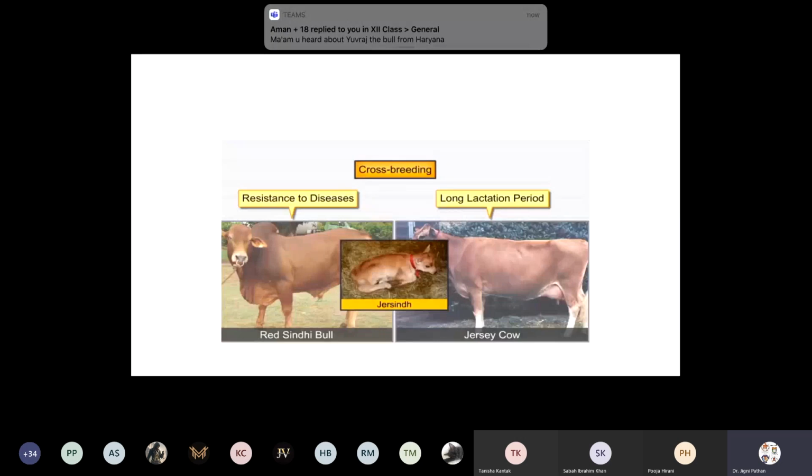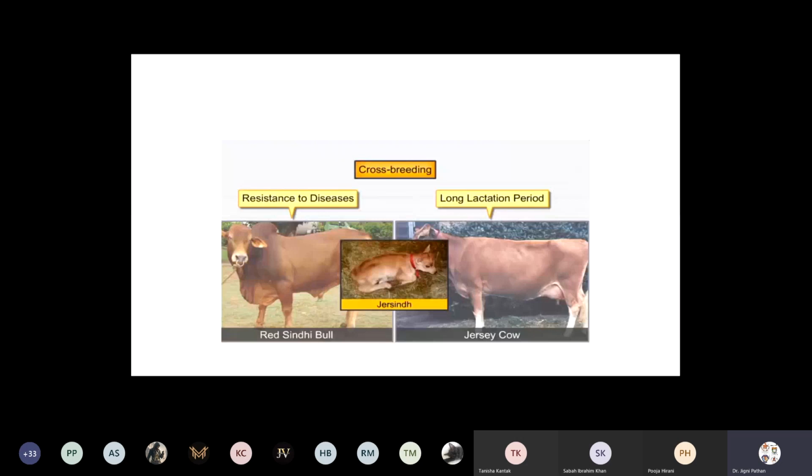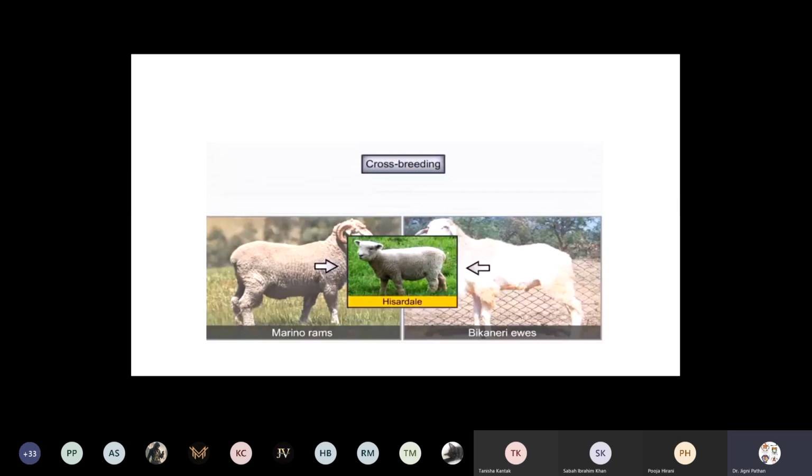Yuvraj, who is this Aman? Aman, I always have some new information. Yuvraj, the bull from Haryana. What happened, Yuvraj? Yuvraj, I'm saying. Aman. What happened, Aman, about the Yuvraj bull? Can you tell us? Yeah, tell us. It's worth for 15 crore.